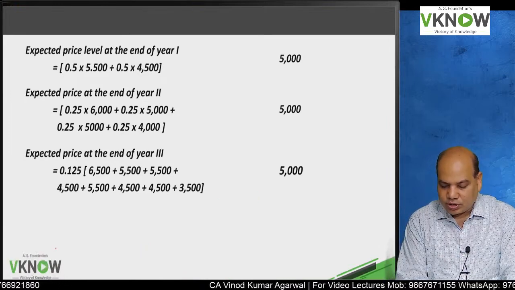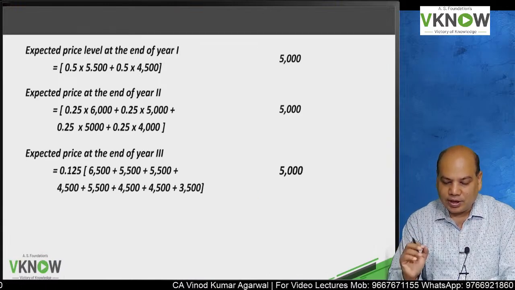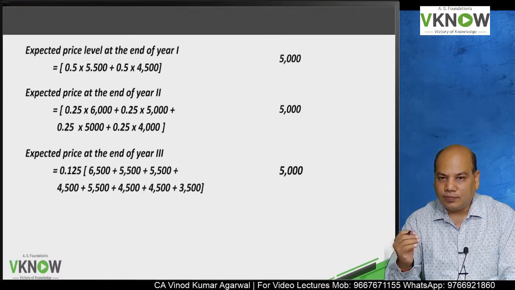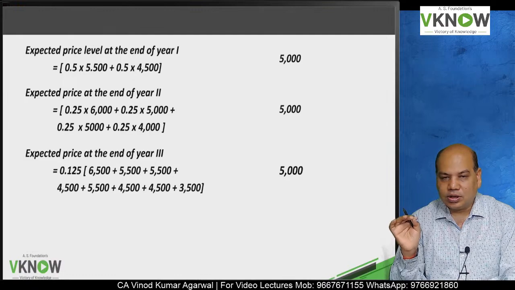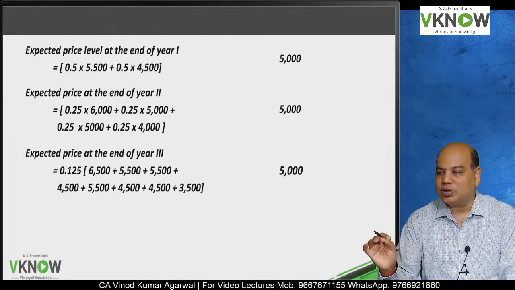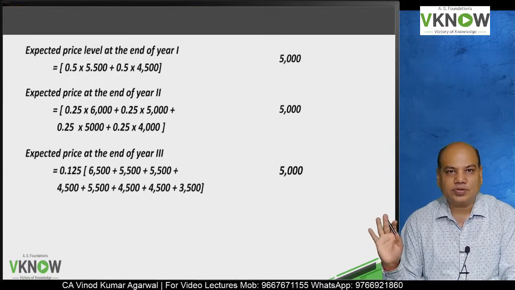If it is 5,000 today at the beginning, and it rises by 500 or falls by 500 with 0.5 probability, the expected price level in all the 3 years will be 5,000 rupees.